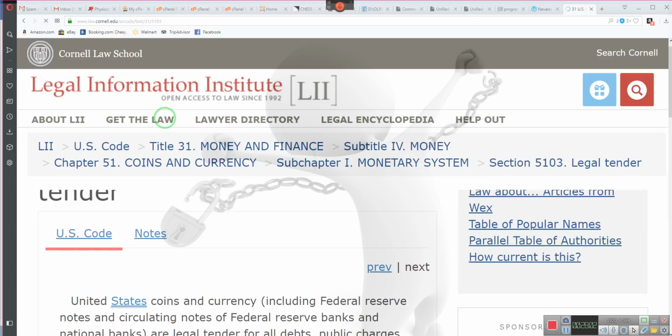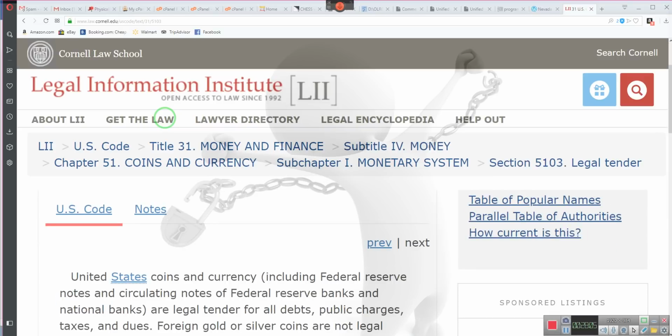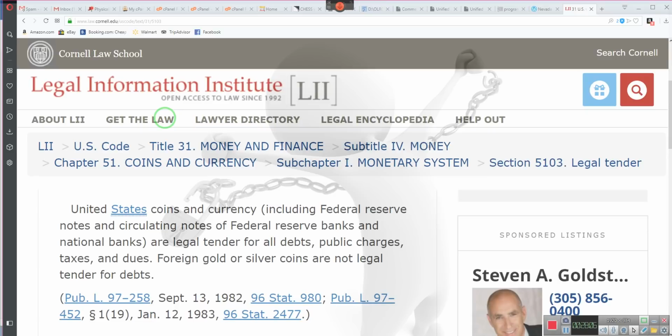Hold on, y'all. I ain't seen this before. Legal tender. United States coins and currencies, including Federal Reserve notes, circulating notes of the Federal Reserve Bank, and national banks, are legal tender for all debts, public dues, charges, taxes, and... Now remember, it says Federal Reserve notes. The law said Federal Reserve Bank notes. We ain't got time to be showing y'all that. Okay, legal tender for all debts, public silver coins.